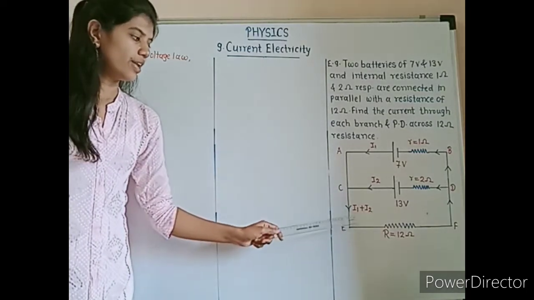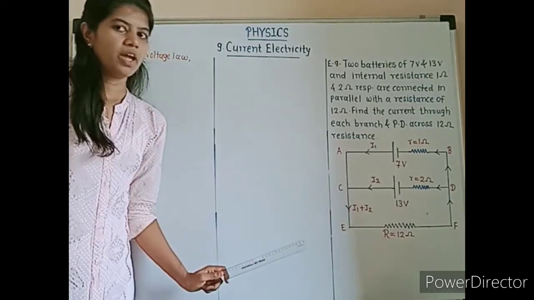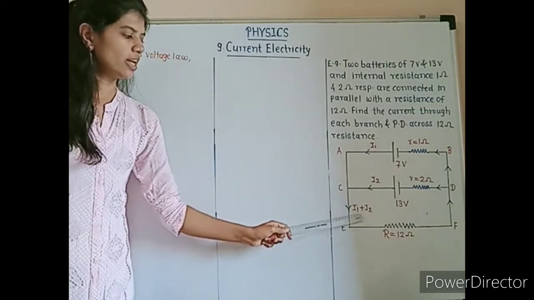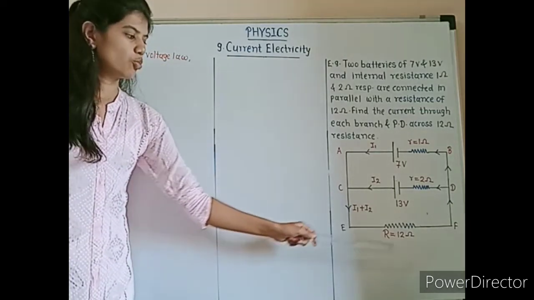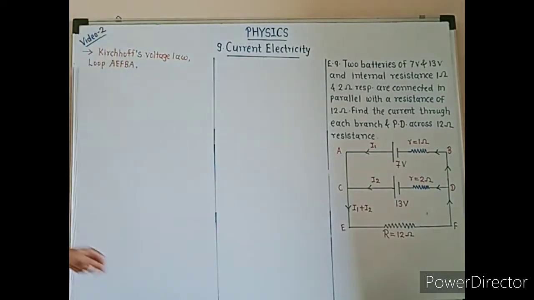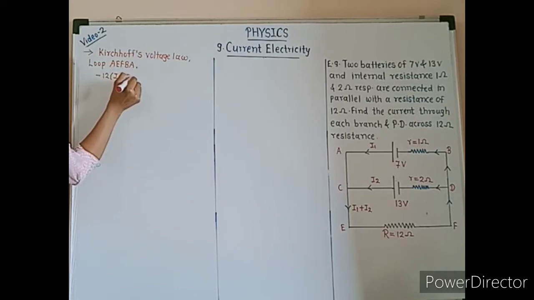But the direction of this conventional current is from E to F and we are tracing the loop from E to F, that means both the directions are same. So this potential difference V is considered to be negative. So we get the term minus 12 into (I1 plus I2).